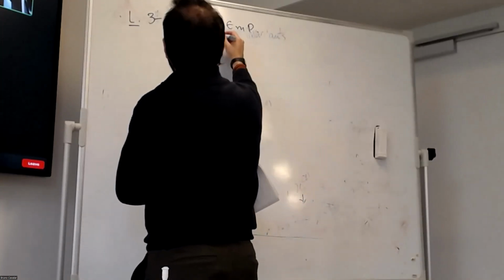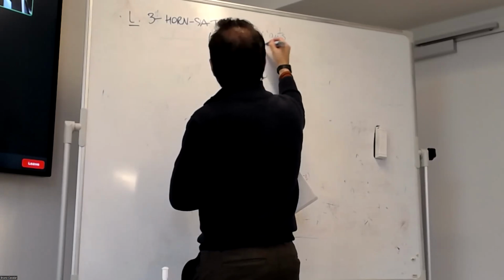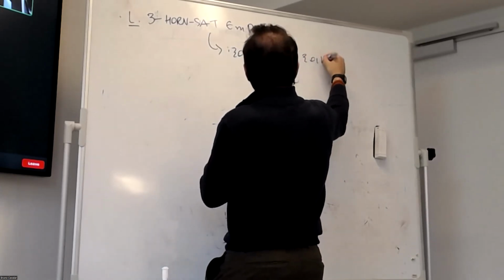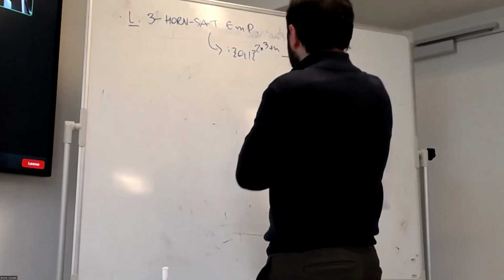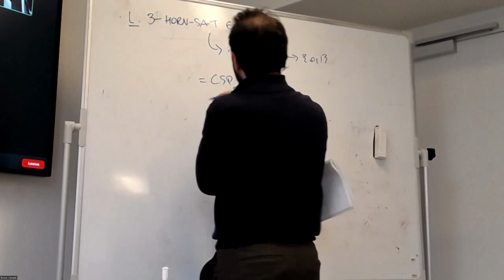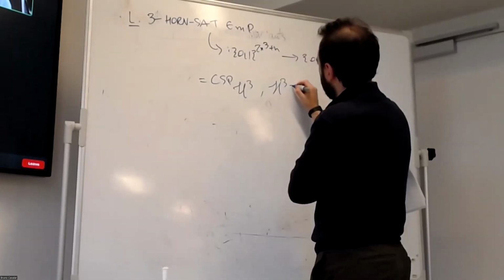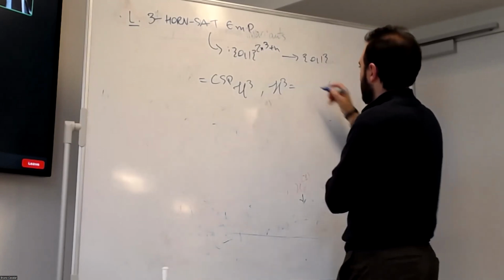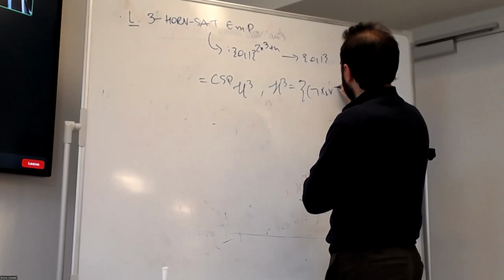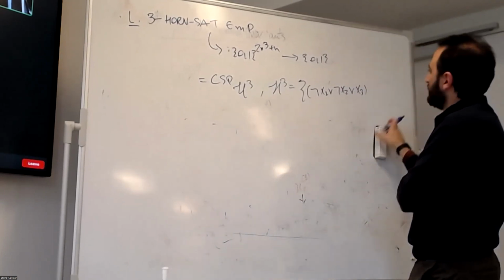So this is going to be just 2n cubed plus n. CSP H3, and H3 is going to be the relations RX1, RX2, RX3.